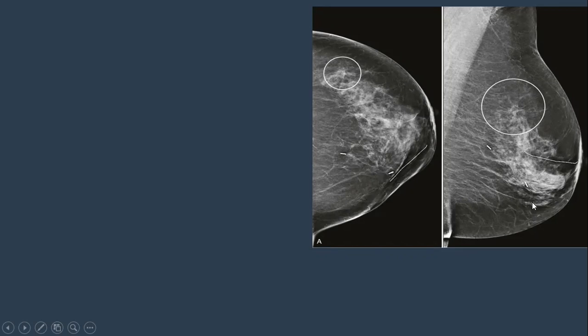What is this? What does it mean? Surgical clips. Yes, so she has had a previous intervention. Okay, the patient has a previous intervention.